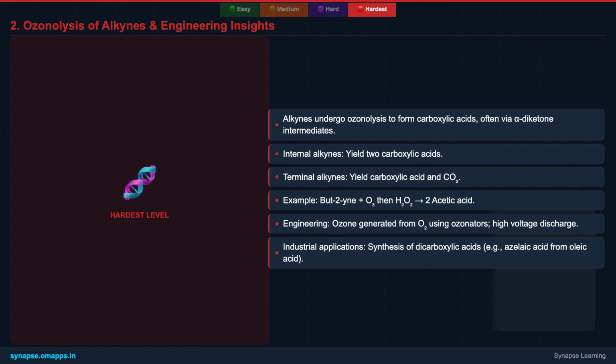If the alkyne is internal and symmetrical, two molecules of the same carboxylic acid are formed. If it's unsymmetrical, a mixture of two different carboxylic acids results. Terminal alkynes, upon ozonolysis, yield a carboxylic acid and carbon dioxide, as the terminal carbon is completely oxidized.